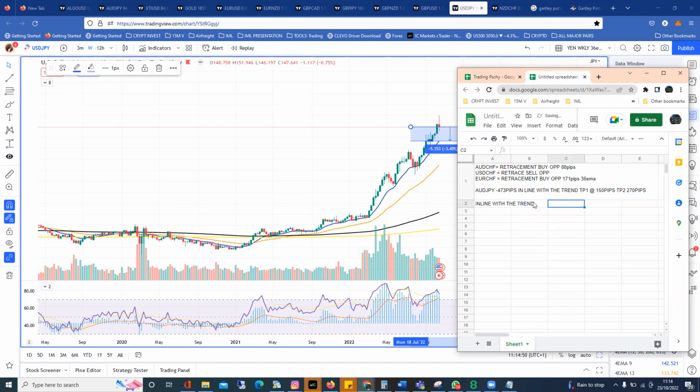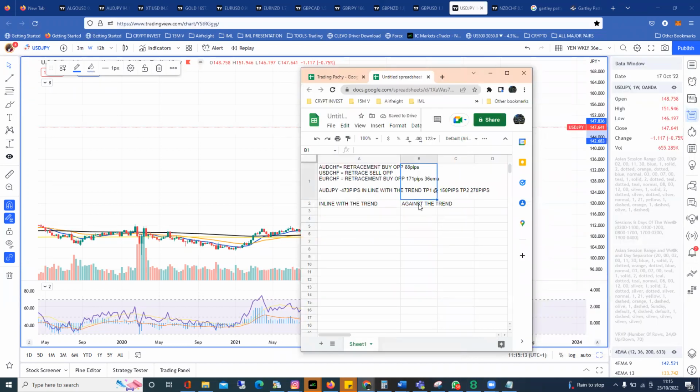Okay, and then we want to have something like against the trend. And at the same time, this one that goes against the trend, we want to move it to this level.